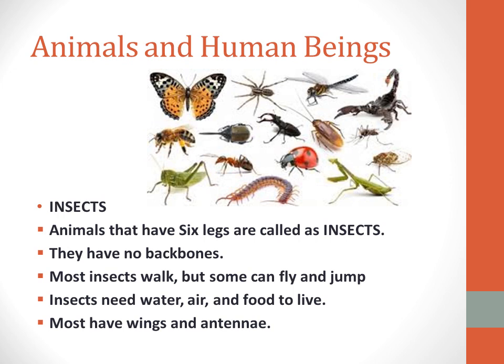Next, we are going to see about insects. What do you know about insects? Insects have 6 legs. How do we sit in a classroom? We sit straight because we have a backbone. But insects do not have a backbone.